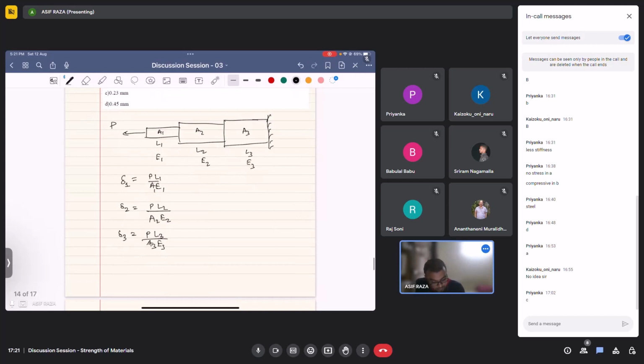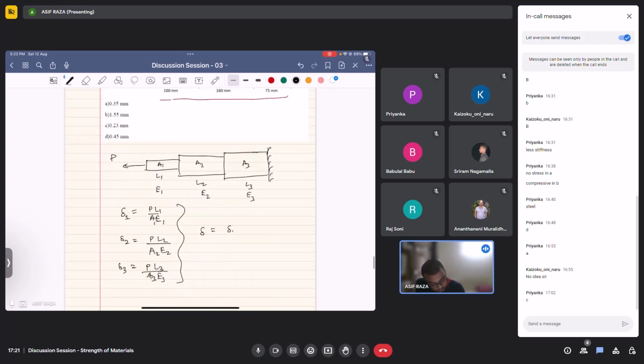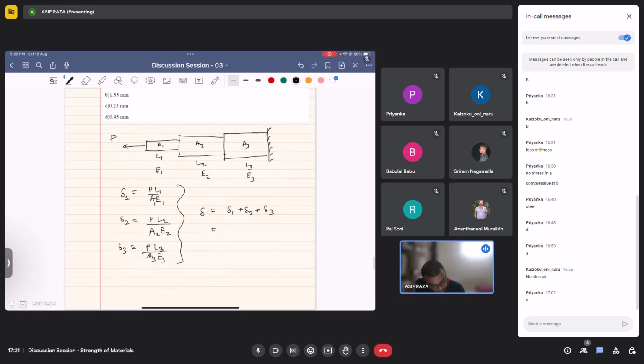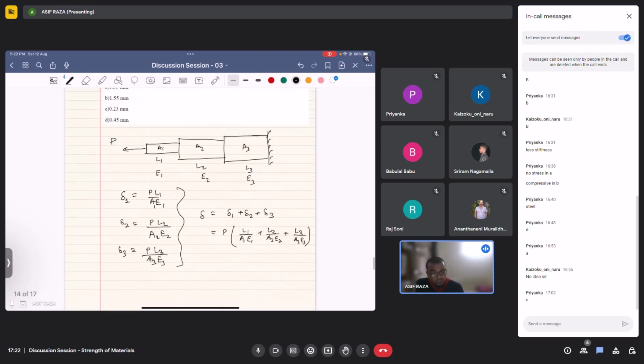So the net change in length, the total deformation, would be delta 1 plus delta 2 plus delta 3, equal to P times L1 upon A1 E1 plus L2 upon A2 E2 plus L3 upon A3 E3. This is pertaining to the case where only P is applied.